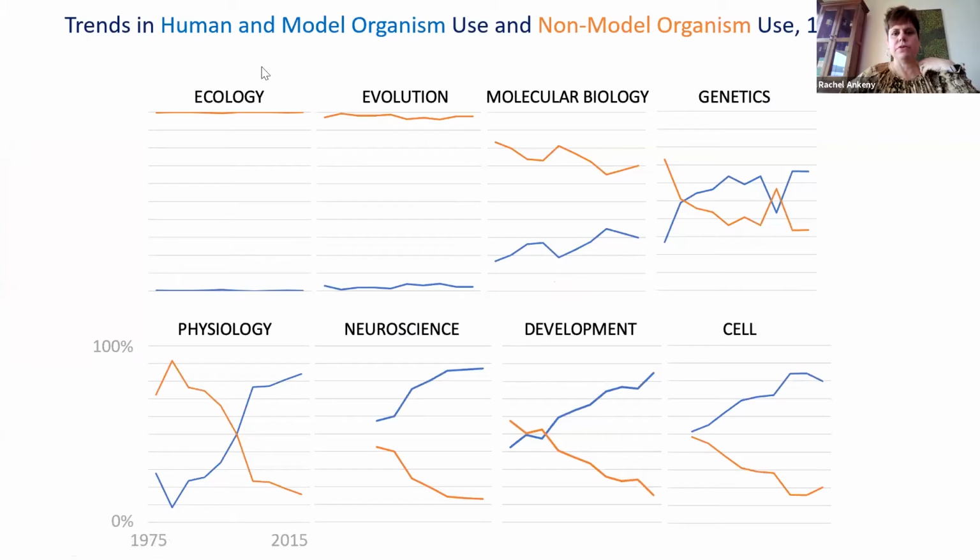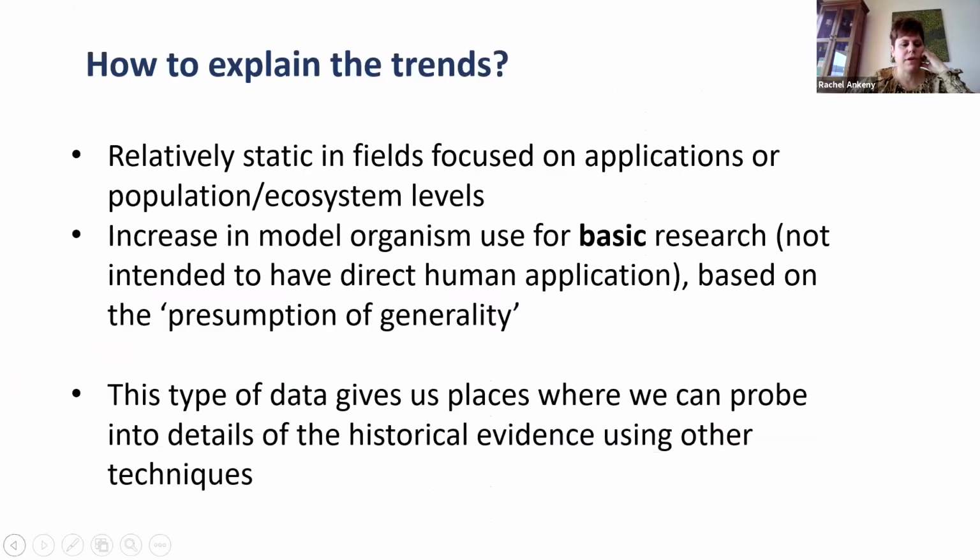Here on this slide, what you see is a tracking of the way in which from 1975 to 2015 in each case, you had changes in the numbers of kinds of organisms used and so on and so on. The orange is, sorry, I'm having trouble seeing my own slides.